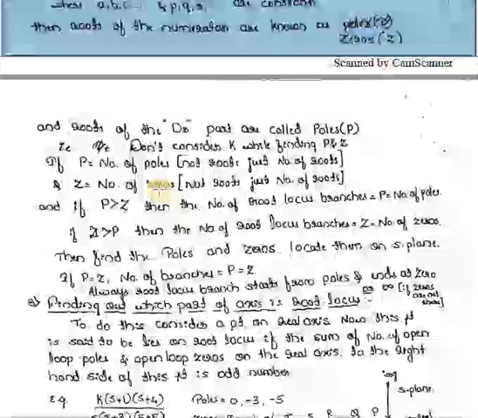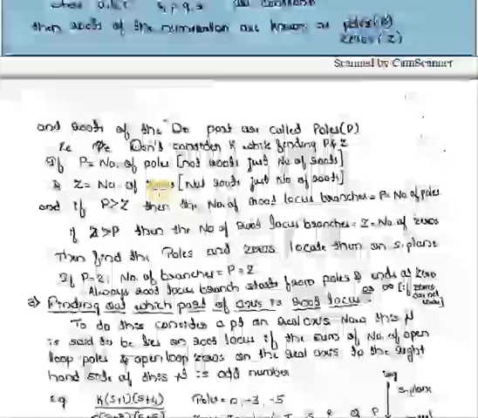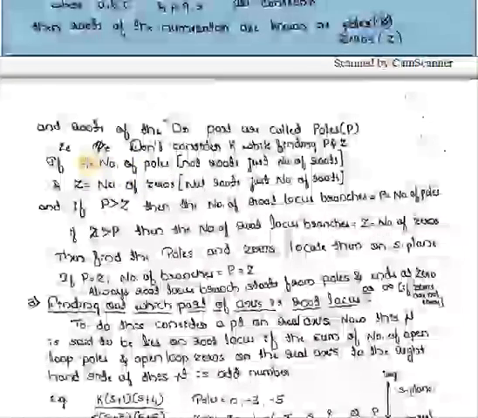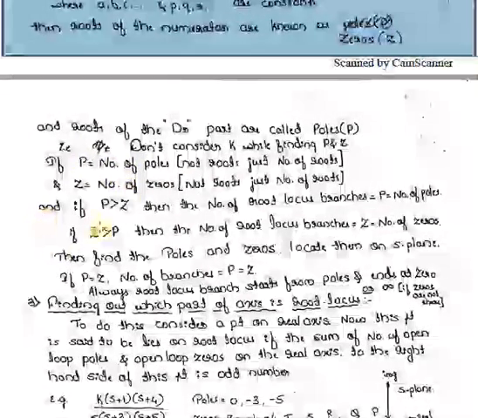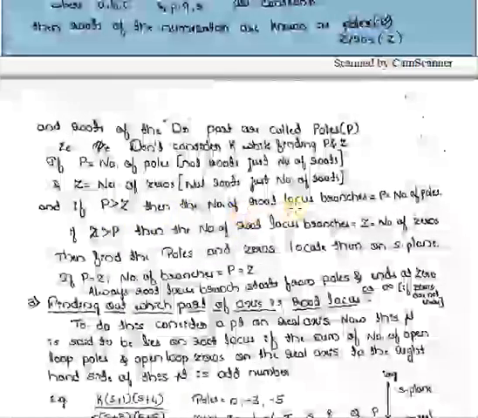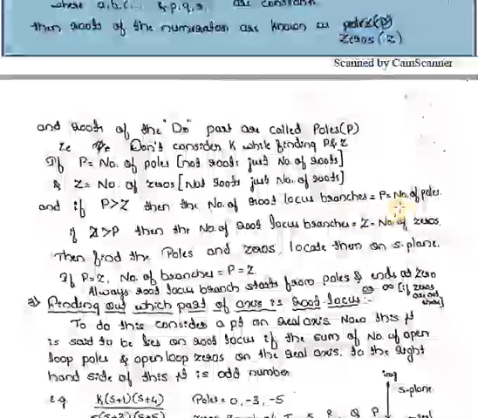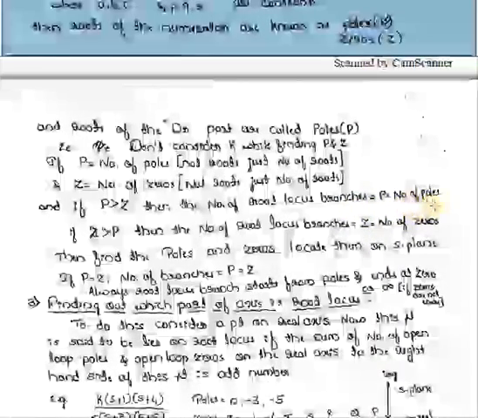For example, if there are 3 terms in the denominator, your equation will have 3 roots. So that value 3 is nothing but your P. And if P is greater than Z, then the number of root locus branches is equal to P, the number of poles.